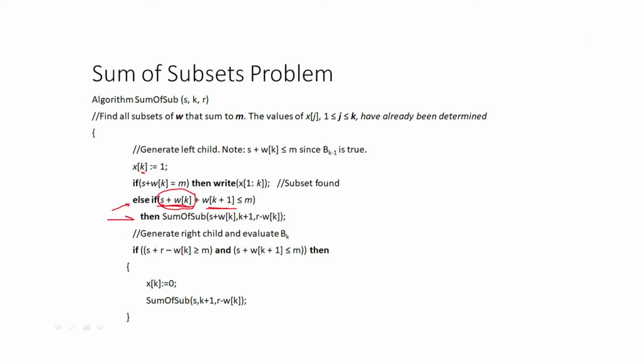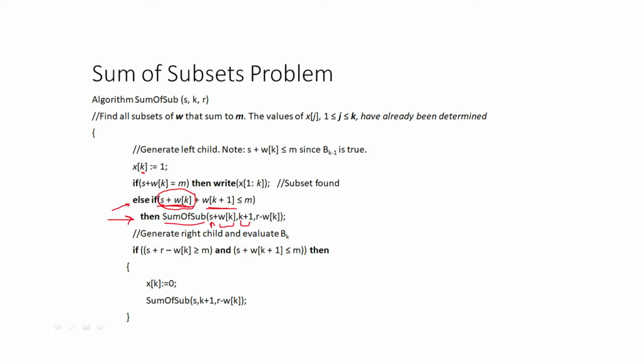So we make a recursive call here. Then in sum of subsets, the S here would be passed S plus Wk, which adds to the previous sum so far the currently considered weight. So this would form the new sum so far.